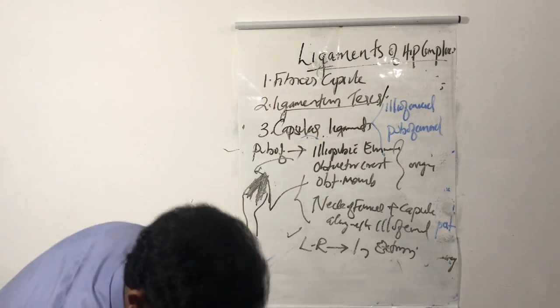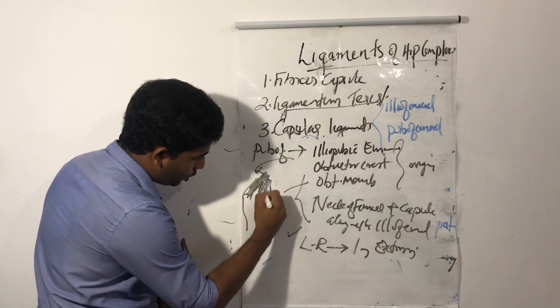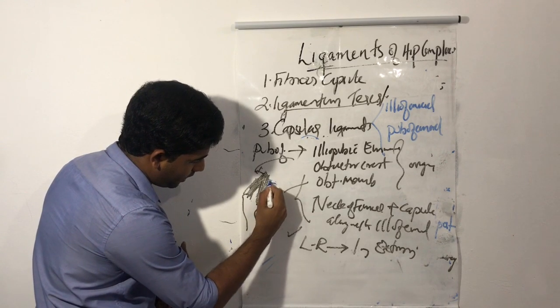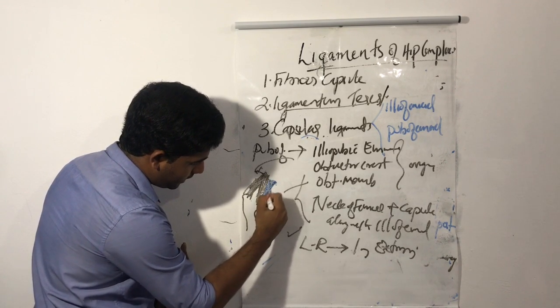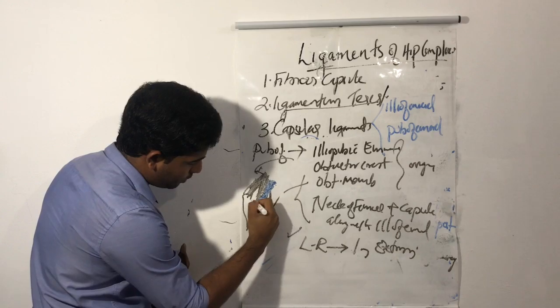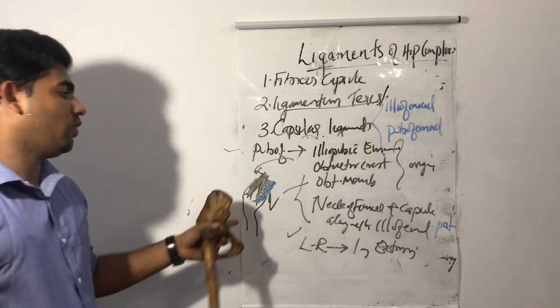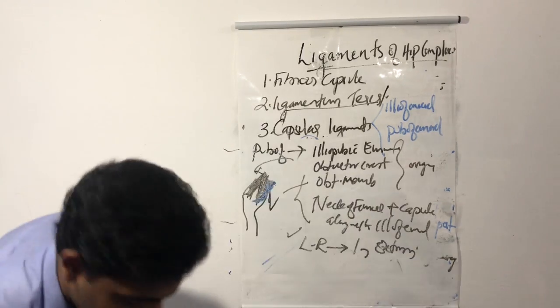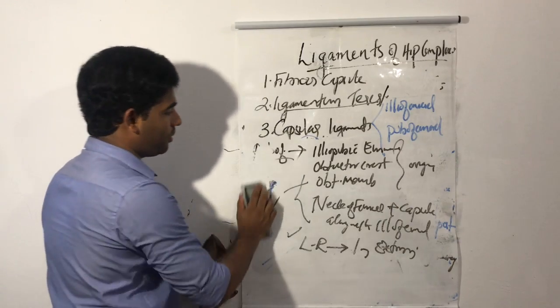And then below that or near to that you have the pubofemoral ligament, which arises from the pubic eminence here, and it is attached to the capsule and along with the margin of the iliofemoral ligament. That is all about the pubofemoral ligament.